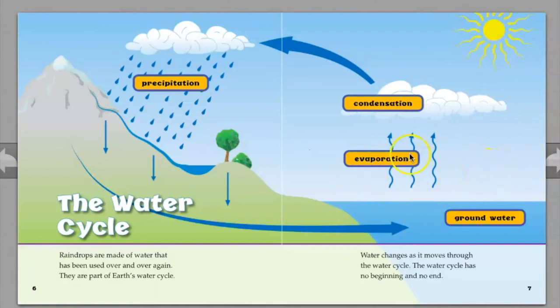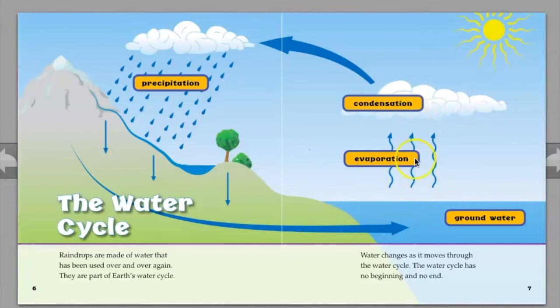We have evaporation, condensation, and precipitation. We're going to learn more about what these words mean as we read, but let's look at the picture and make some guesses. Evaporation shows a picture of the water and an arrow going up.